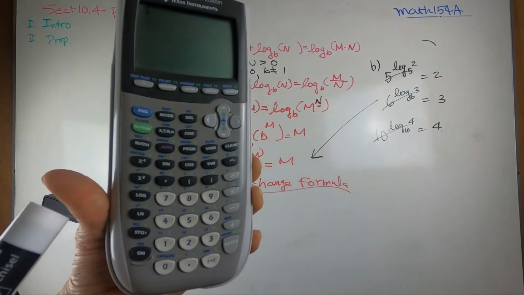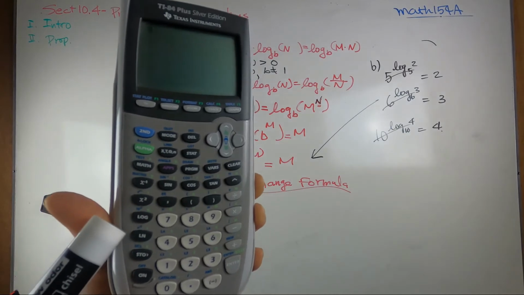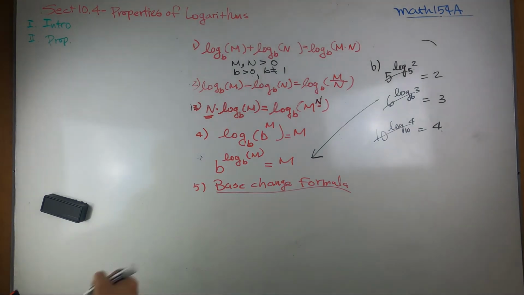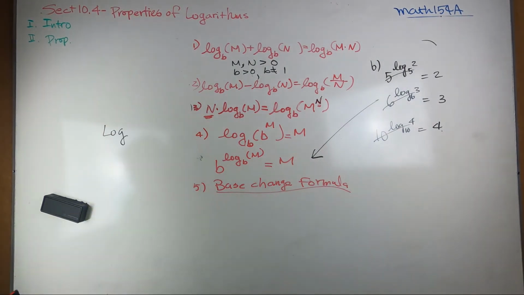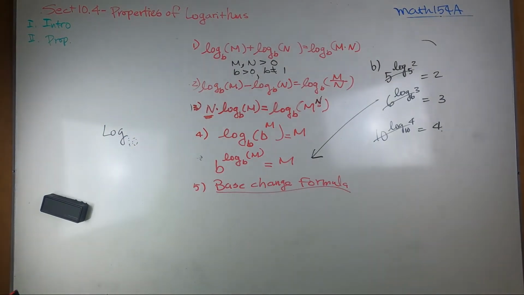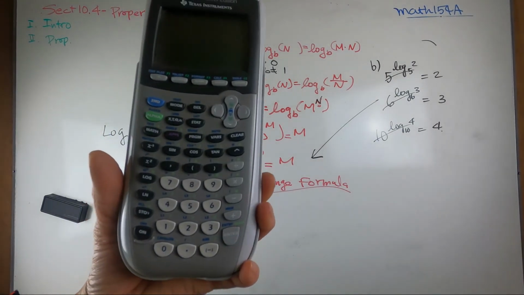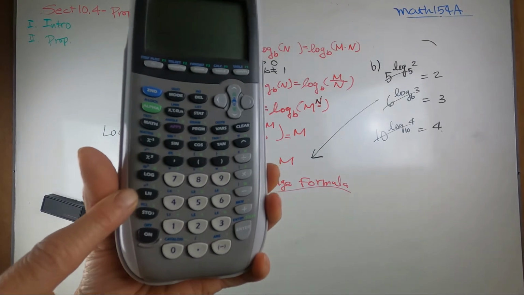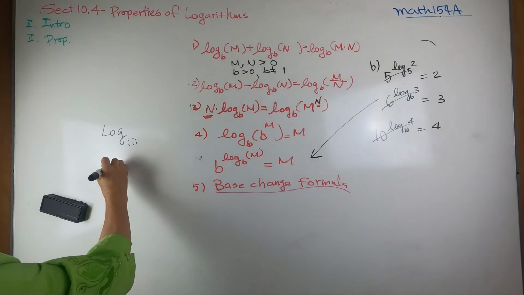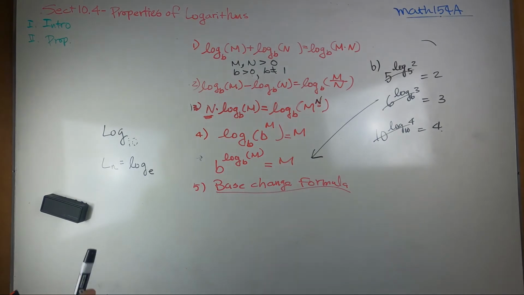And so you only have a log, you don't have a base. So if you don't have a base, the log means what? Base invisible 10. Okay? So you also have ln. Okay? ln here. So ln means what? Log base e. Okay? That's the symbol.